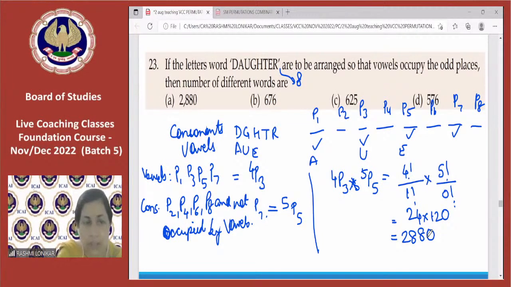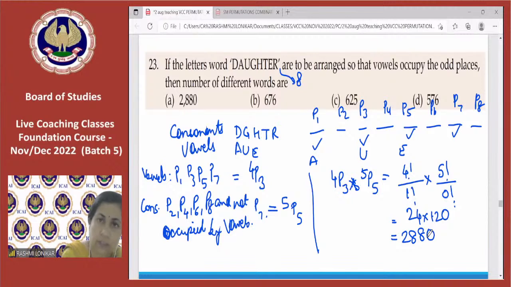So I will explain this again. There are 8 places. Out of these 8 places, 4 are odd, 4 are even places. My vowels will only occupy the odd places. So out of these four odd places, three are occupied by vowels. So one odd place is available for the consonant. What are the even places? Four even places plus this one odd place. So I have five places available for consonant.